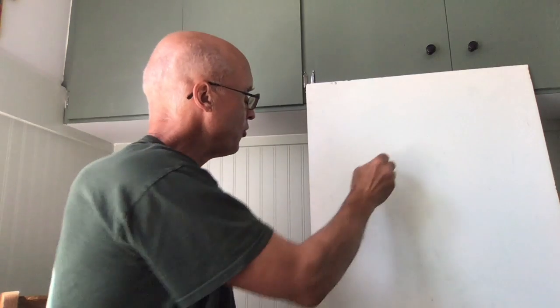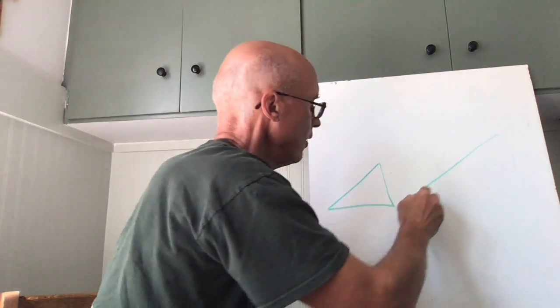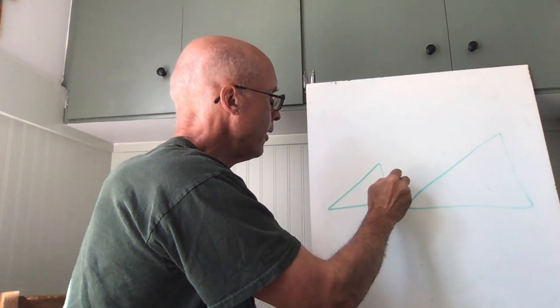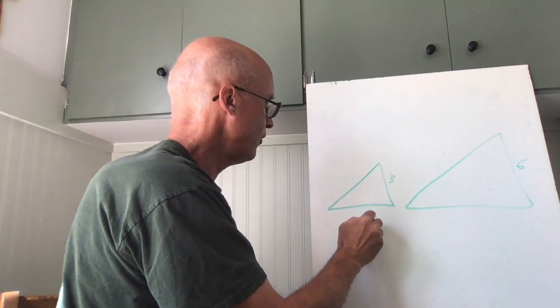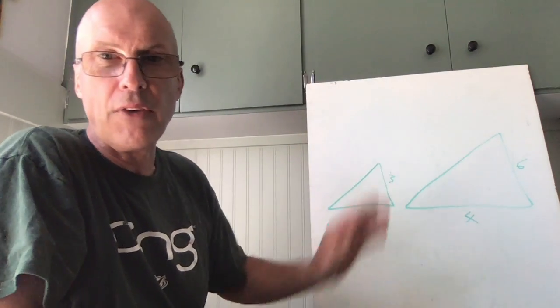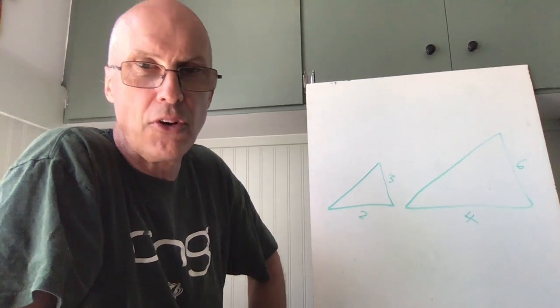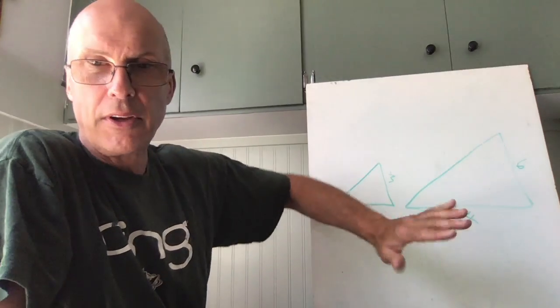But you know that the corresponding sides are in a ratio. So if this is 3, let's say this is 6. This is 2, this is 4. So you can see that the scale factor here is 2 to 1, right? It's going up by a factor of 2. That's when you're dealing with flat figures.